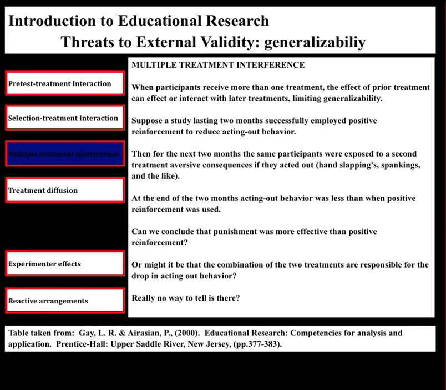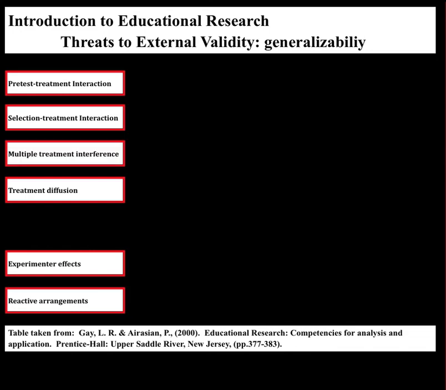Well, not so, because it could be that the combination of the two treatments together, the positive reinforcement may have started to lower acting out behavior, and then the adverse consequences may have lowered it some more, or the positive reinforcement may have brought the behavior way down, and the adverse consequences may have come up a little bit, but in the overall, it still was down. So we have to really be careful. So that's multiple treatment. When multiple treatments are used, that can present some interference.